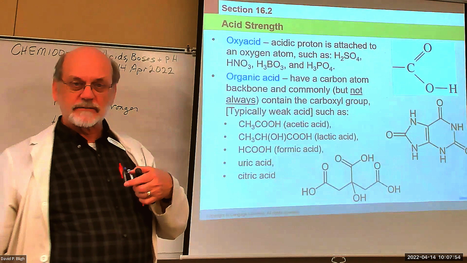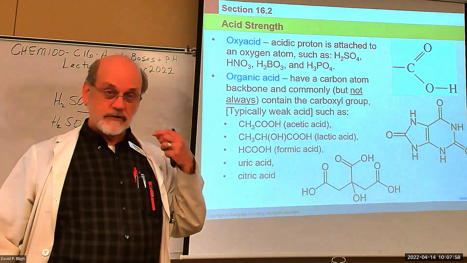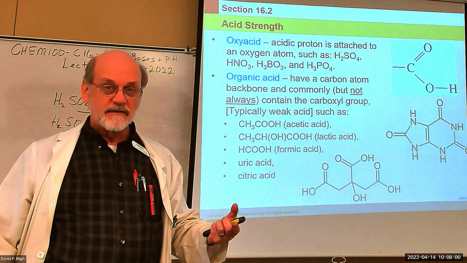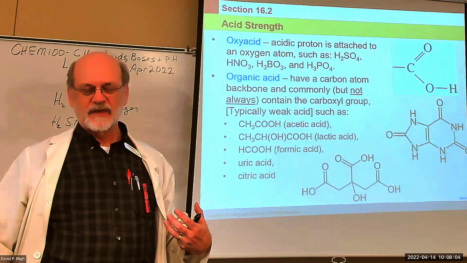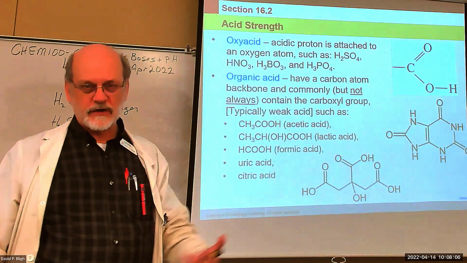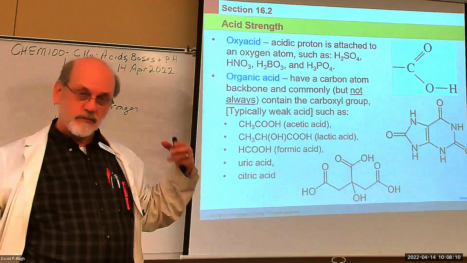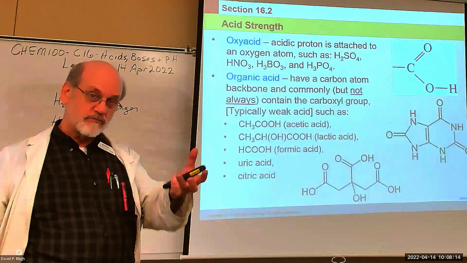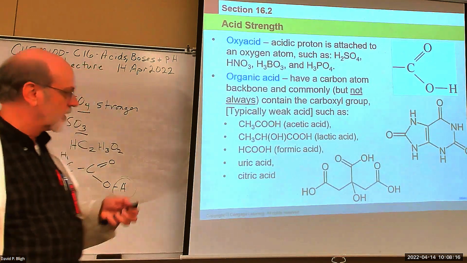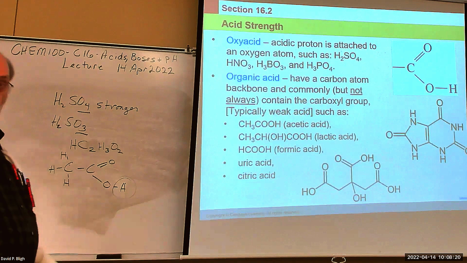And each one has a K value. If you lose one hydrogen, then the next hydrogen comes off with more difficulty. And the third one comes off with even more difficulty, for the same reason as before, because you're making an anion and it's hard to remove a positive ion from a negative. Okay, so that's citric acid. And it's an organic acid.